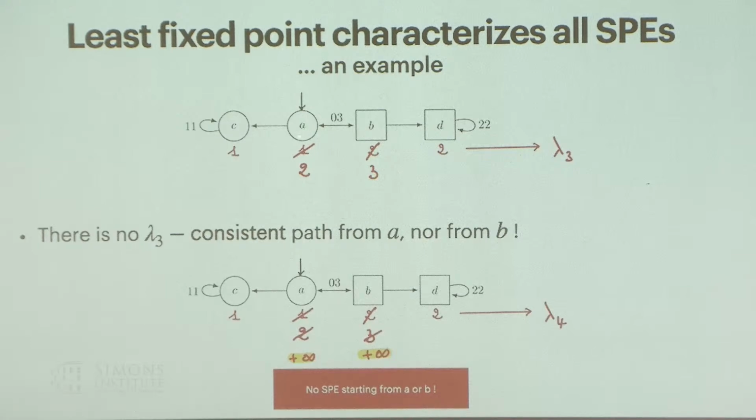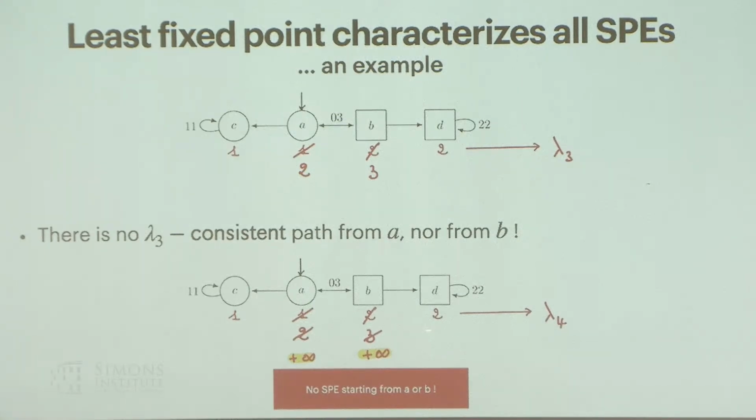Because starting from here, if we want to give at least 2 to player circle, we need to go there, but if we go there, we will not give 3 to player 2. And the only way to give 3 to player 2 is to cycle here, but then we give 0 to player 1. Okay, so it means that here, now instead of having 2, what we get is plus infinity.